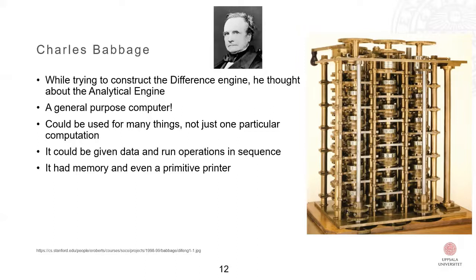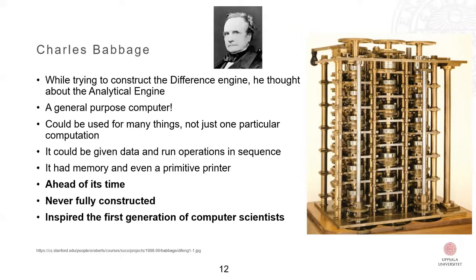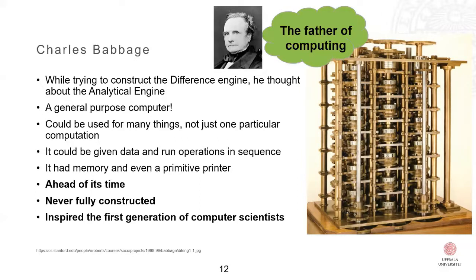It would be given data, and it would run operations on them in sequence, and it even had memory and a primitive printer. It has most of the things that our computers have. So it was much ahead of its time, and it was never fully constructed, but it inspired the first generation of computer scientists. For this reason, Charles Babbage was called the father of computing.